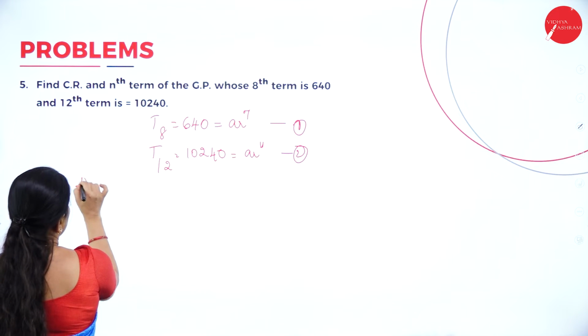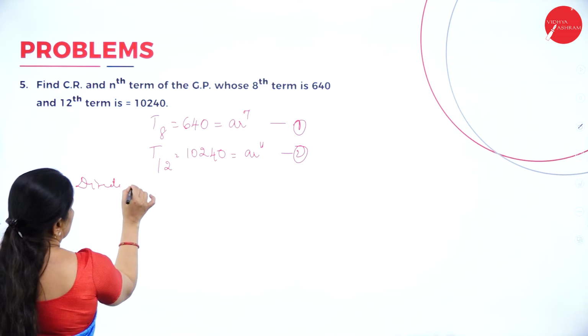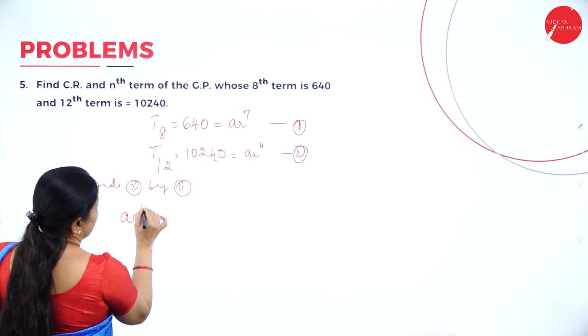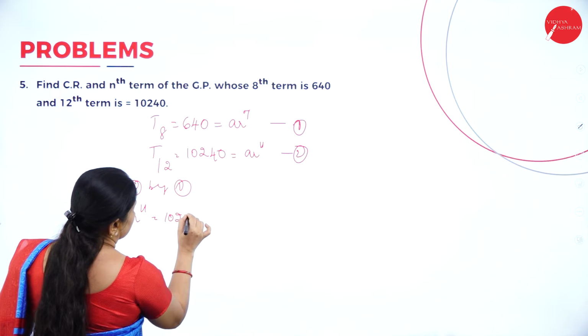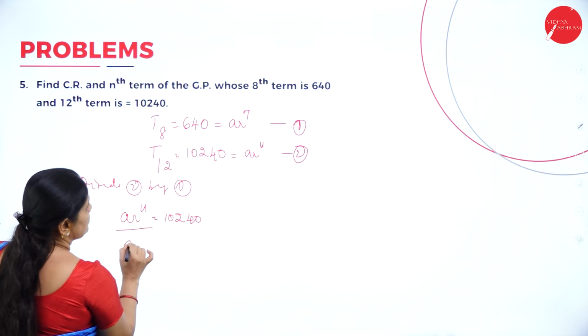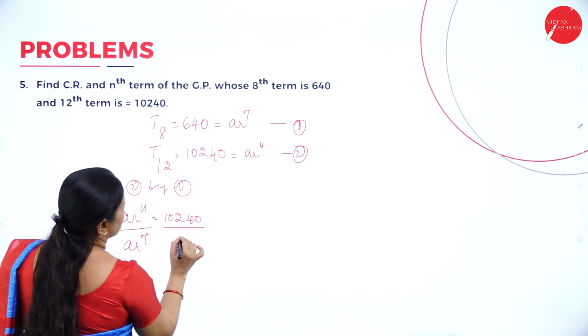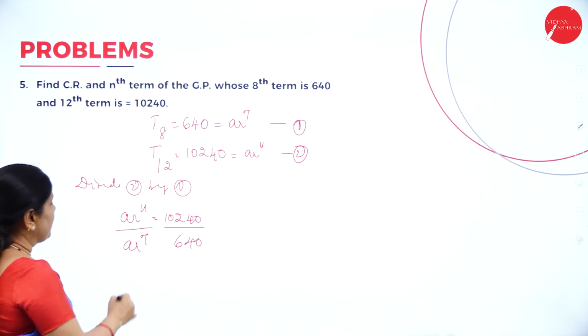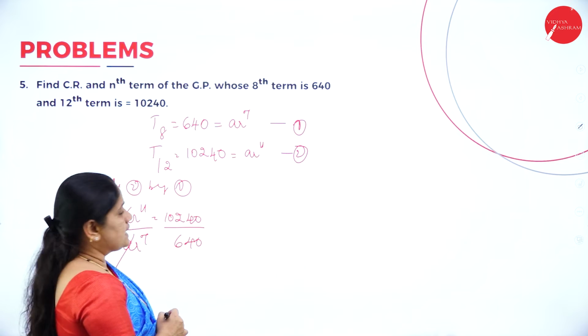Now divide 2 by 1. So I get AR to the power 11 equals 10,240 whole over 640. So when I simplify this, A and A get cancelled.